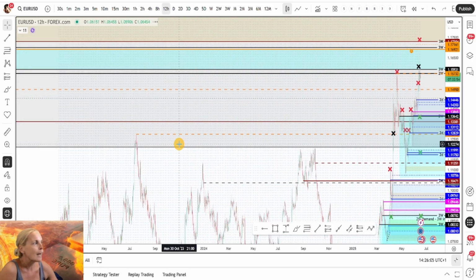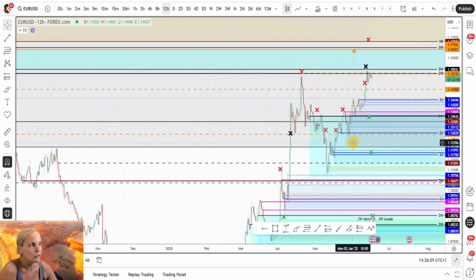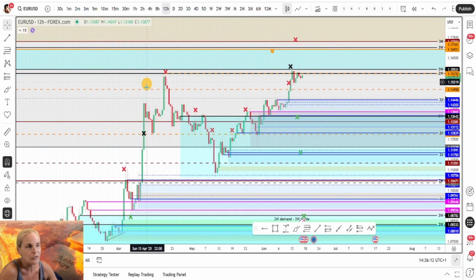But so that one there and the orange dash lines are monthly highs. So it's where I'm looking for potentially a swing failure of a monthly high. So obviously in this case it just ran straight through it. This was also right in starting that annual supply, so would have been worth looking there, but obviously that one failed. And then we've had a few decent shorts before taking it down into there.